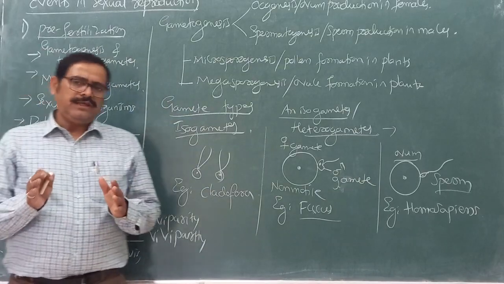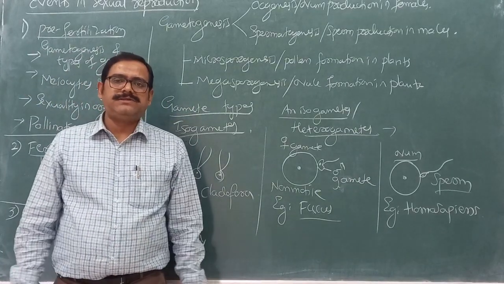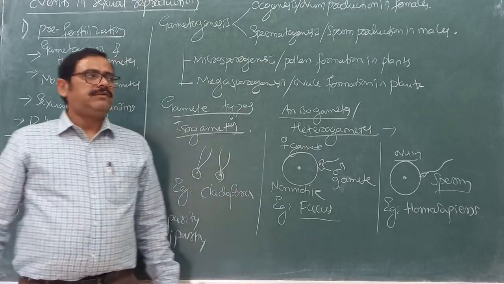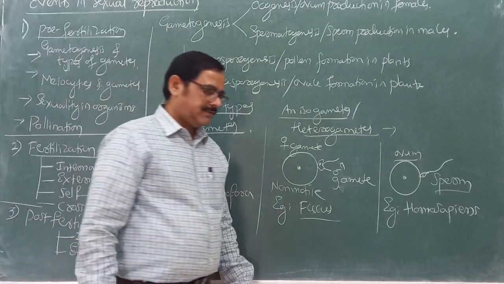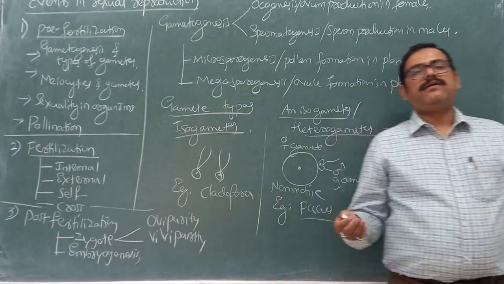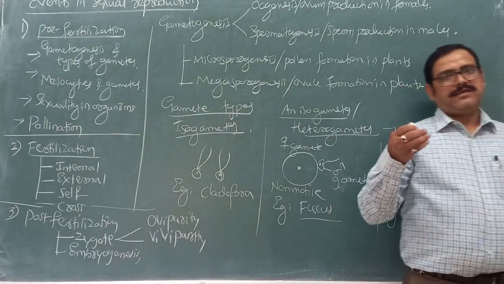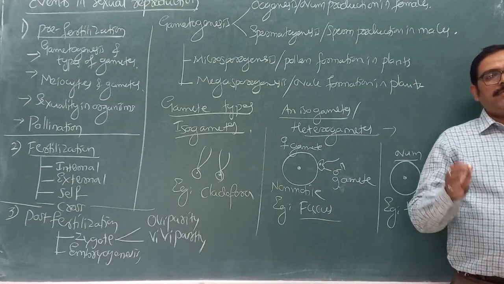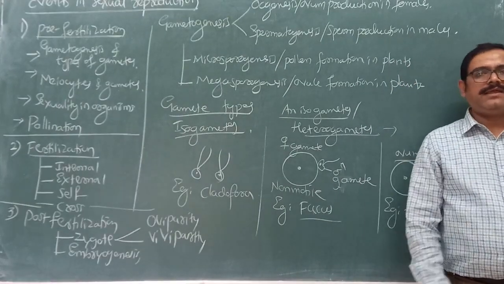But it has been seen generally in nature that female gametes are non-motile. In certain organisms such as Monera, certain fungi, and even certain algae, both male and female gametes are highly motile.